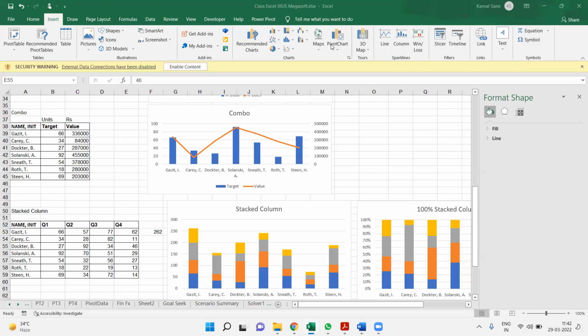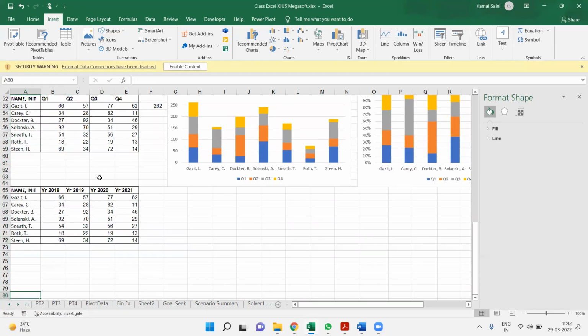All right, so next one. In this, it is a comparison of different years. When you're doing comparison, this is almost a composition of multiple entities together.